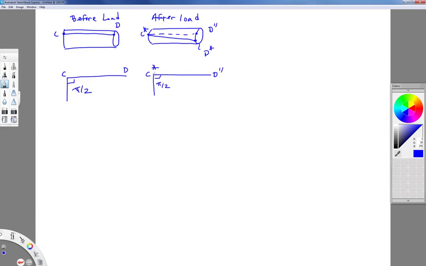And then we have a little bit, I'm exaggerating here, we have a little bit of an angle change, so that when we go from C star to D star, we have a change from pi over 2 radians. That change from pi over 2 radians is the shearing strain gamma. So this is how we get a relation with our shearing strain.